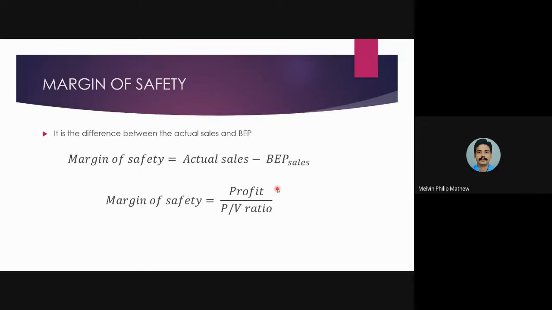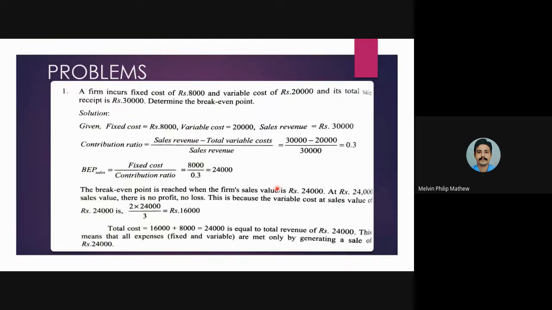Write down the first problem. A firm incurs fixed cost of rupees 8,000 and variable cost of rupees 20,000, and its total sales receipt is rupees 30,000.